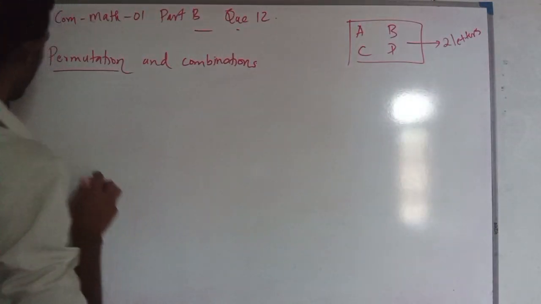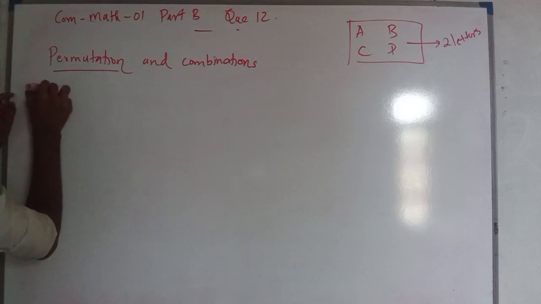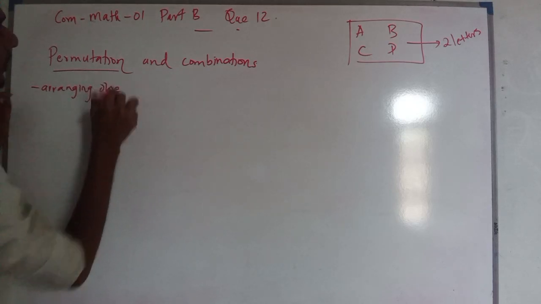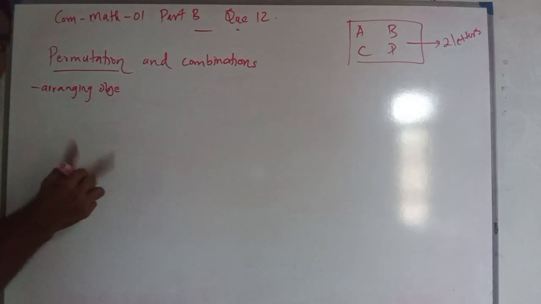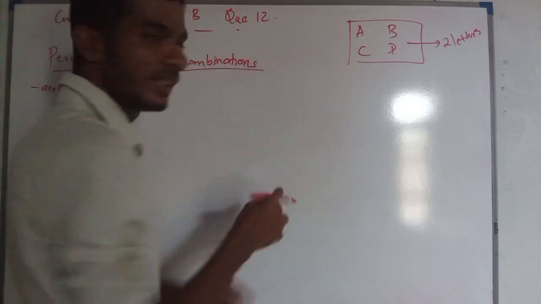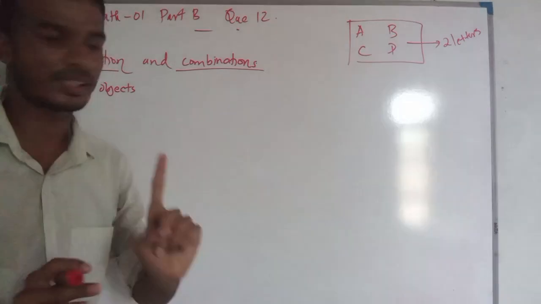When I arrange them, order matters. So permutation means arranging objects. Combination means just combining objects, and when we combine objects, order doesn't matter.